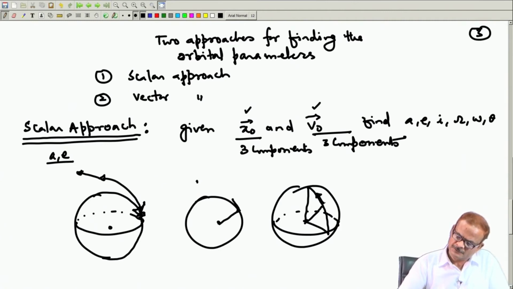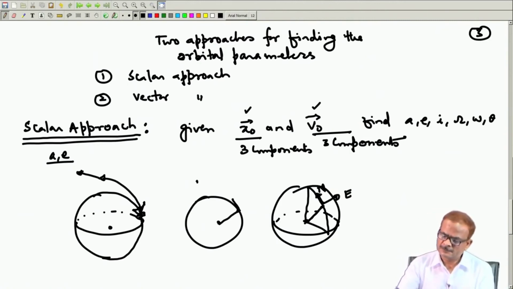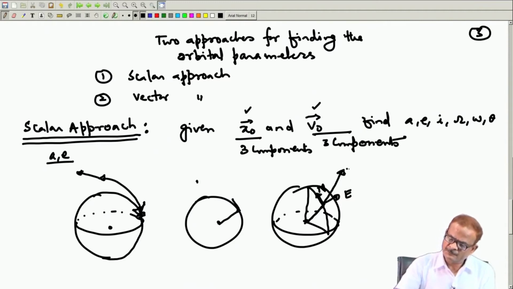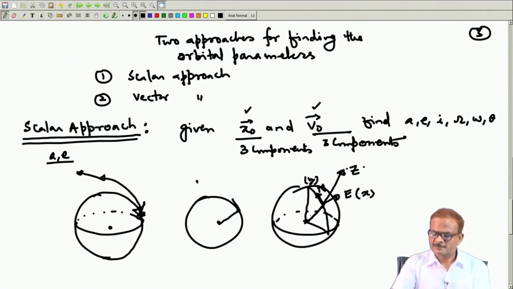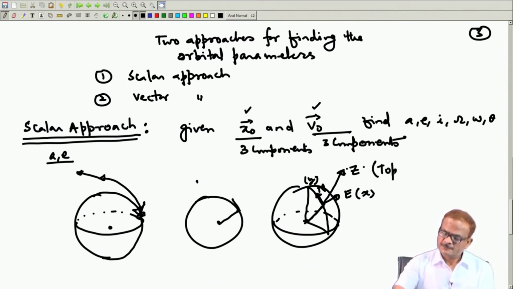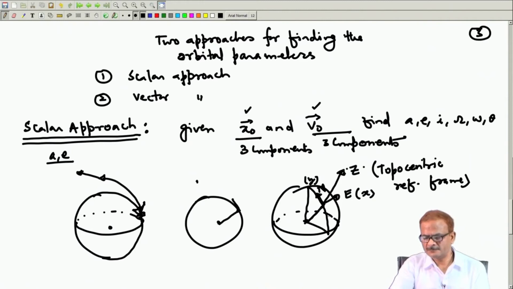Toward the north, this is east, this is north. Depending on the direction we are choosing, in the case of the satellite we choose upward as the z direction. If this is x and this is y, then this becomes z, and this is called the topocentric reference frame, which we will take up later on.